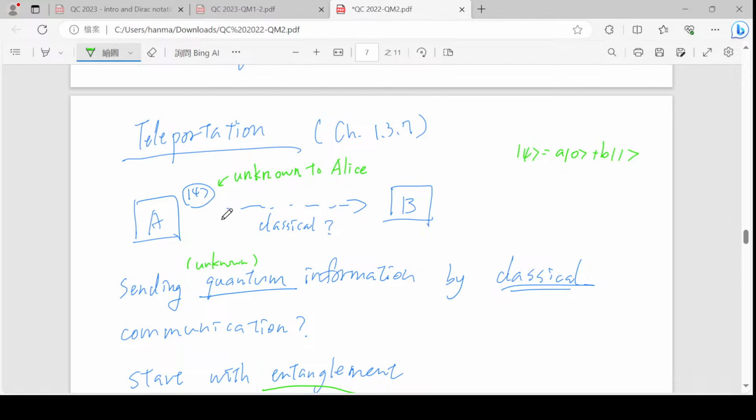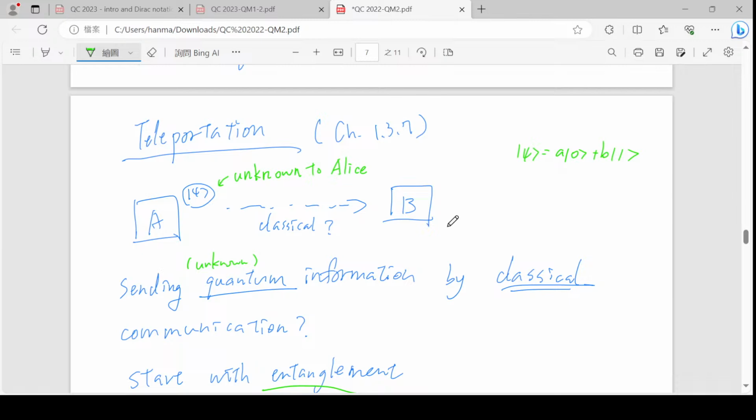So how can they send this to Bob with just 2 bits of classical information? Okay. This is pretty impossible. Alice cannot even learn this efficiently herself, because as we said last time, it's kind of hard to learn an unknown quantum state. If Alice does a measurement in the computational basis, she will get 0 or 1 with some probability, but then the A, B information got destroyed.